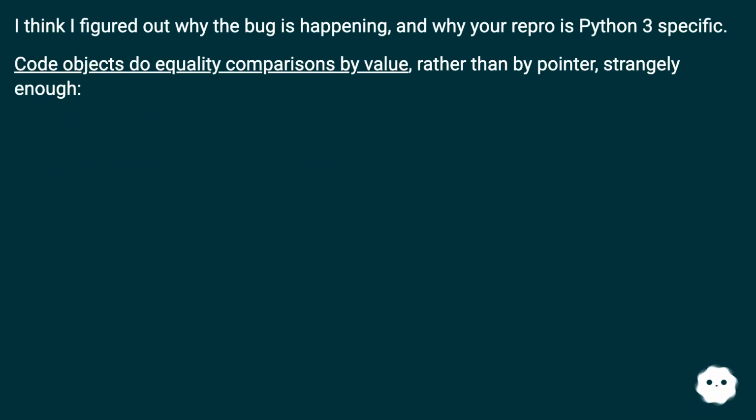I think I figured out why the bug is happening, and why your repro is Python 3 specific. Code objects do equality comparisons by value, rather than by pointer, strangely enough.